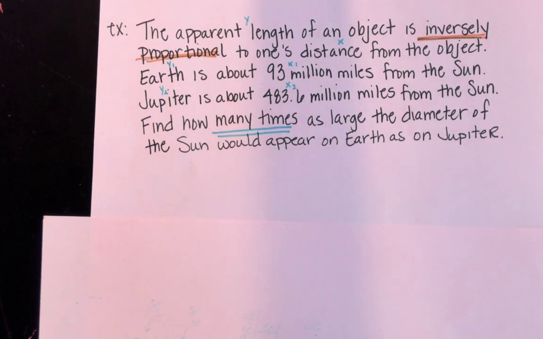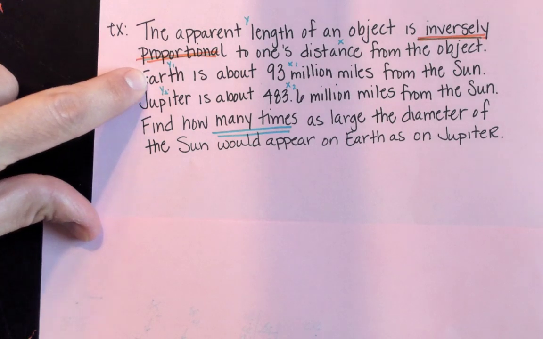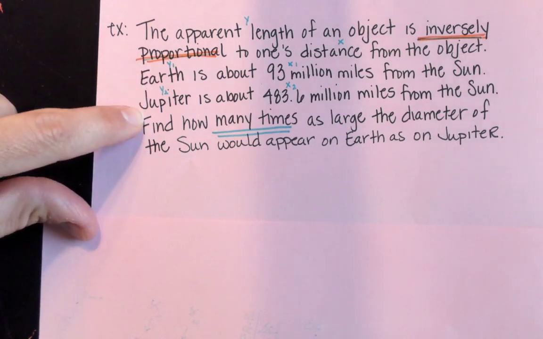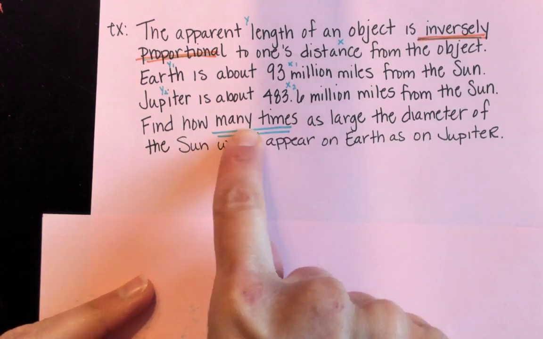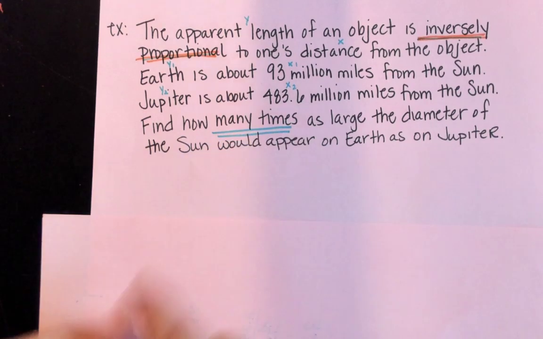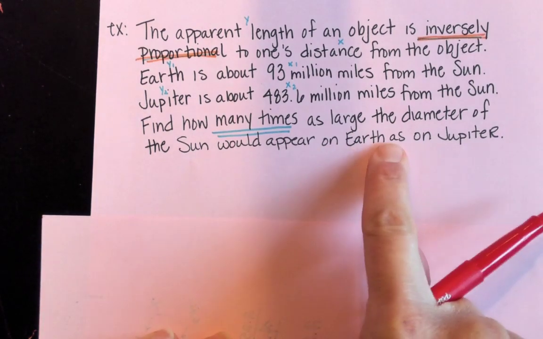So I chose Earth as my y1 and Jupiter as my y2 to keep this how many times situation. So I'm actually looking for Earth in terms of Jupiter, knowing how much more it is going to be Earth as on Jupiter.